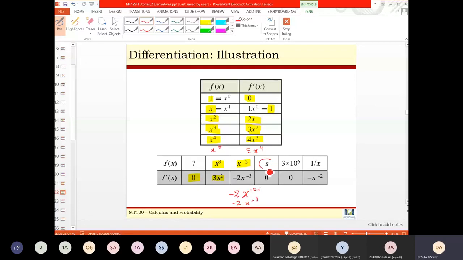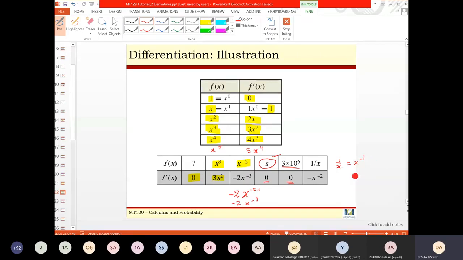What's the derivative of a? ايش يعني a? Constant. A is a constant. It's not an x. Derivative of the a is 0. What's the derivative of 3 multiplied with 10 to the power 6? هذا ثابت رقم صح؟ هذا 3 million. It means 3 million. So the derivative is again 0. No matter how big is the number. What's the derivative of 1 على x? 1 على x is like x to the power minus 1.